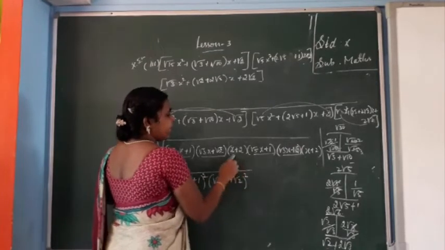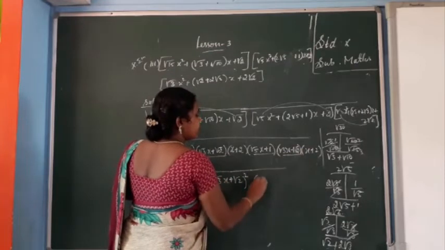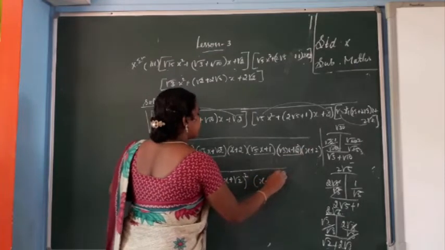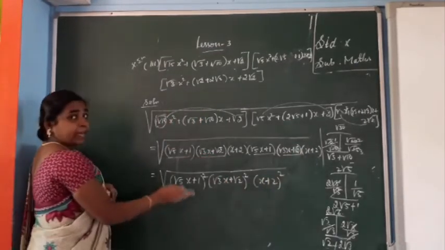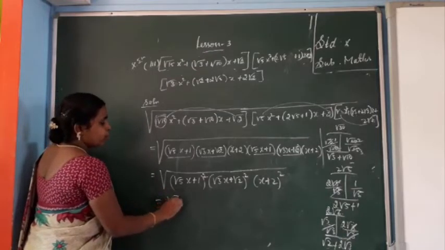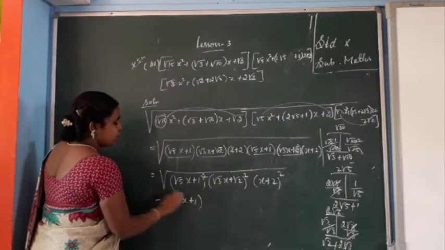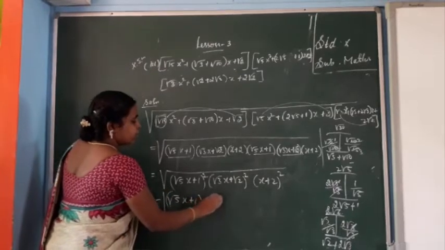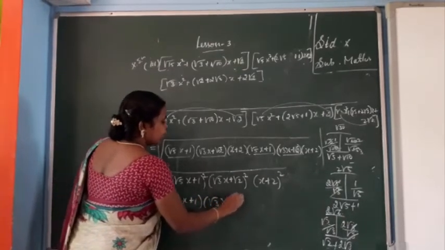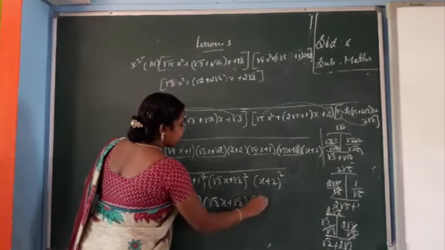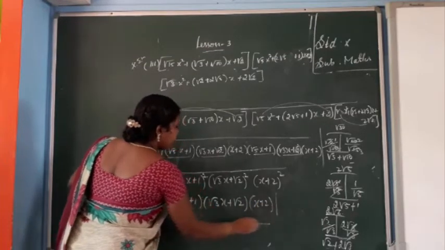Okay, next x plus 2, x plus 2. That means x plus 2 the whole square. Now we can remove the square and square root. What do you get? Root 5x plus 1, into root 3x plus root 2, into x plus 2. Okay, this is the answer.